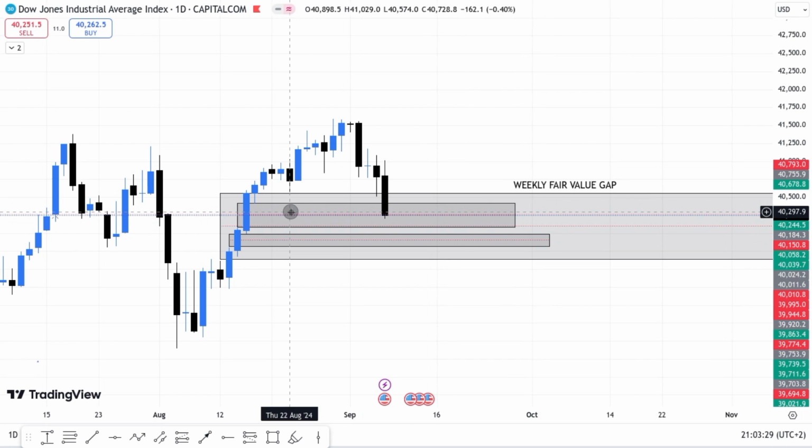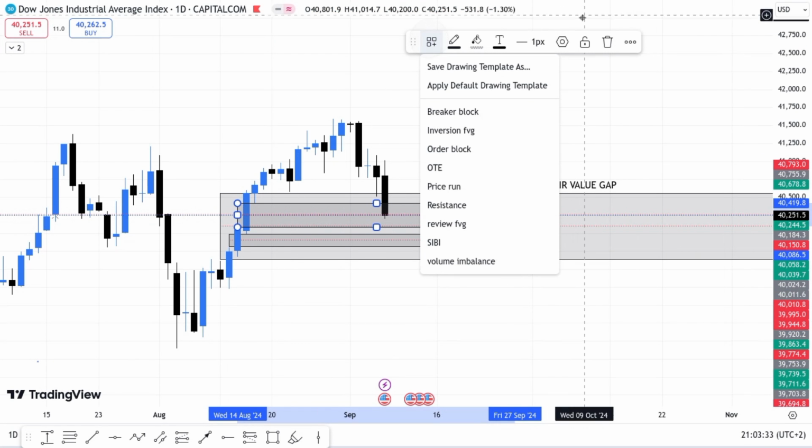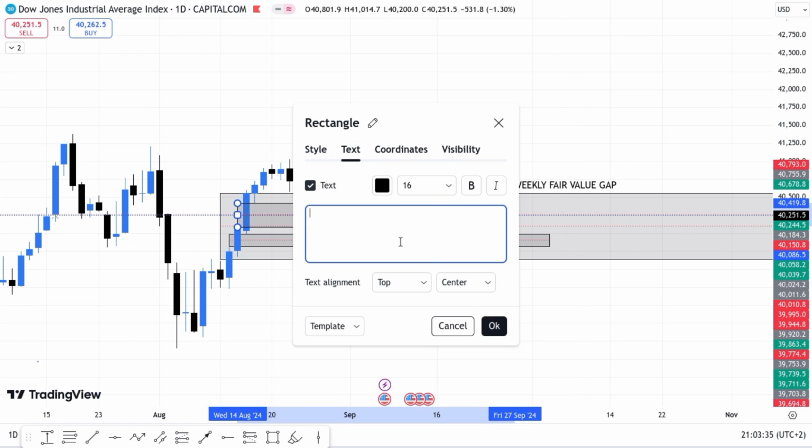I would expect it to respect at least one of these fair value gaps. These are daily fair value gaps, so they're strong, though the weekly might be a little stronger. I would still expect price to respect the fair value gap.